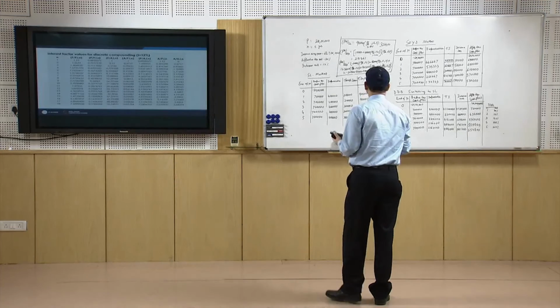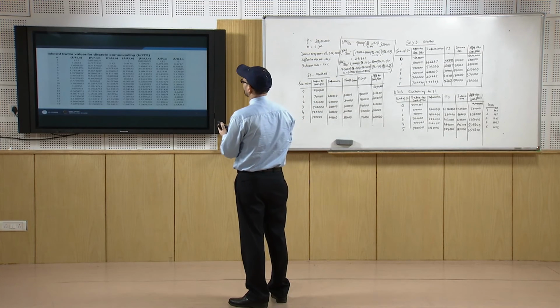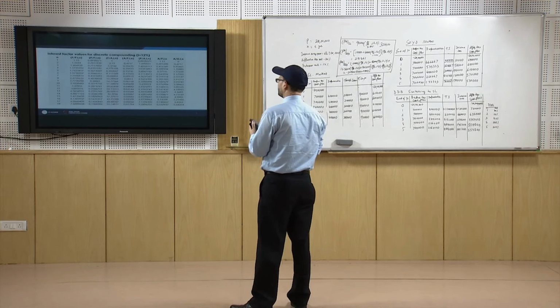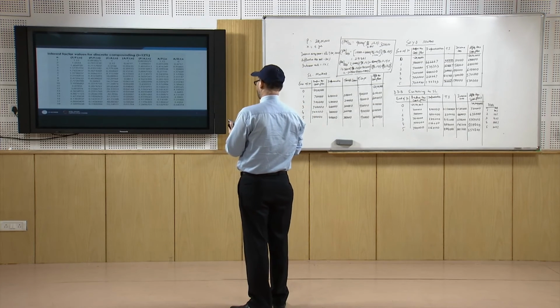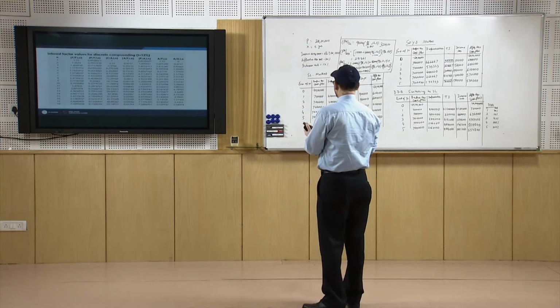Plus P by F 12,4 plus P by F 12,5. So, P by F 12,4 is 0.635 and this is 0.567. So, if we add them, 0.635 plus 0.567, that is 1.202, multiplied by 145,200.